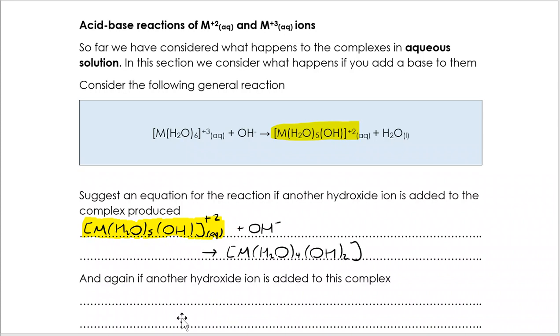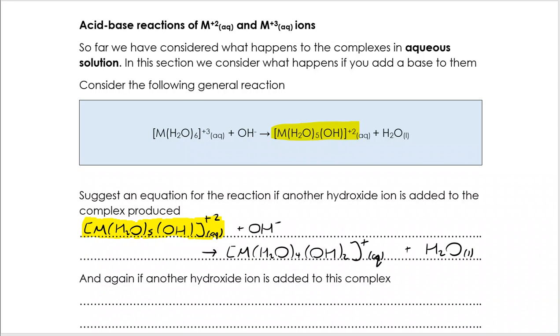So that's going to take it down to [M(H2O)4(OH)2]+. The charge at that point has gone down from 2+ to 1+. And I'm going to add the state symbol in there. That one is aqueous. And in doing so, the OH- accepting a proton has made another H2O.